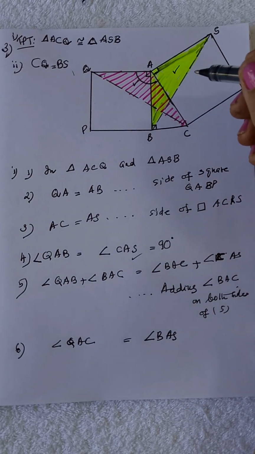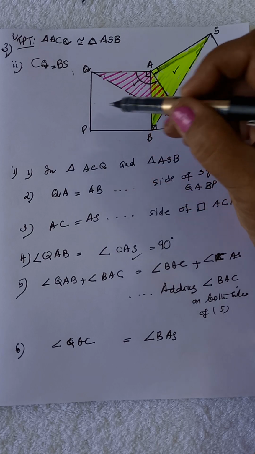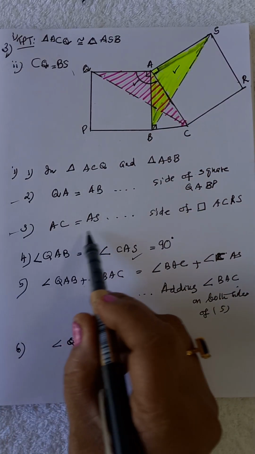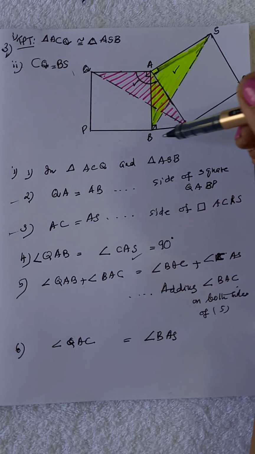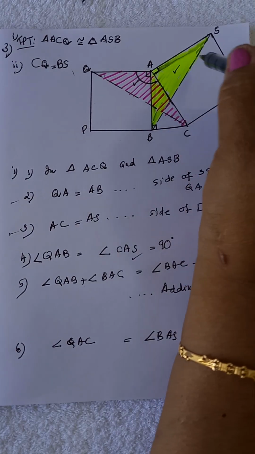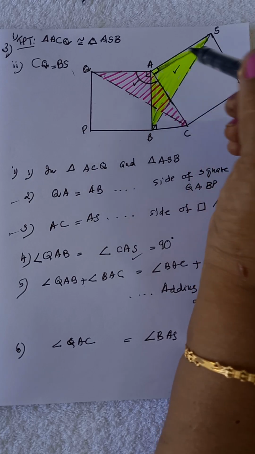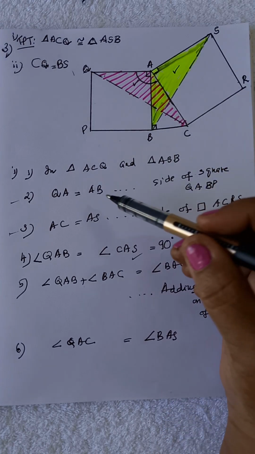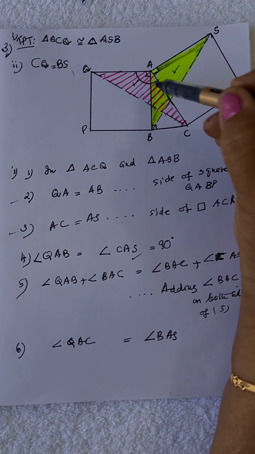So we got these two sides, that is QA and AB, as equal. Then again AC is equal to AS we got. Then angle QAC is equal to angle BAS. So we got three parts of these two triangles as equal. So we can say that these two triangles are congruent to each other by side, angle and side.